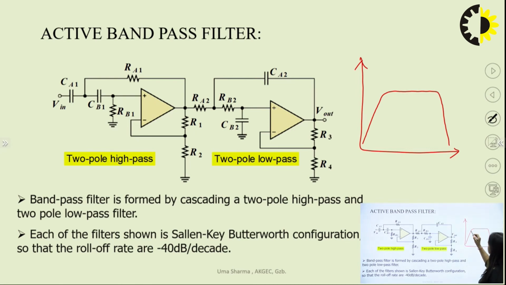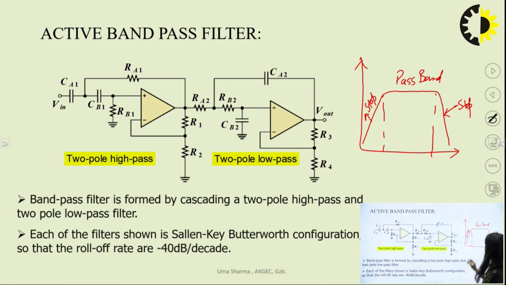Here you can see one stop band in the low frequency band and another stop band in the high frequency band, and in between there is a pass band in which all the frequencies are passed with equal gain.